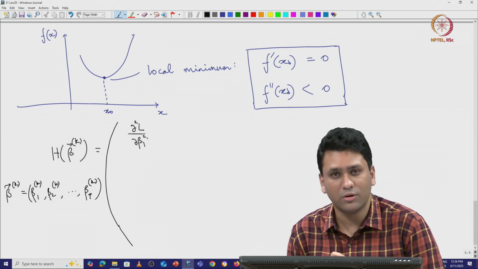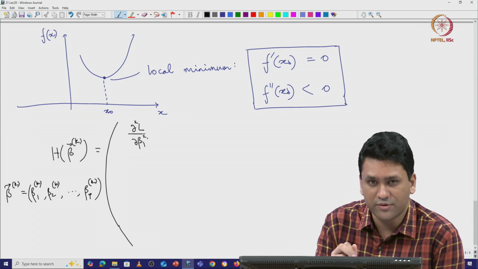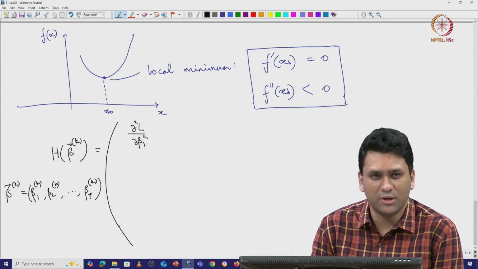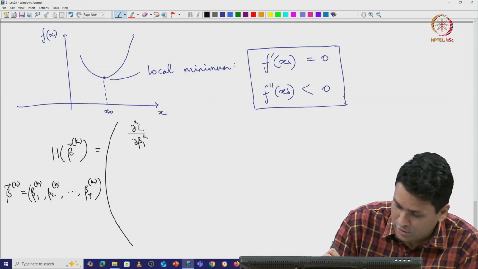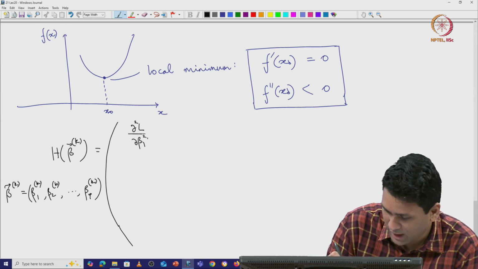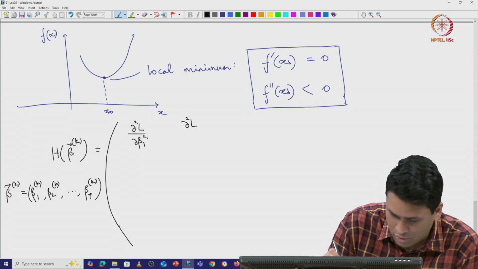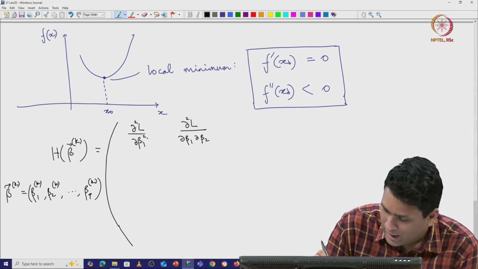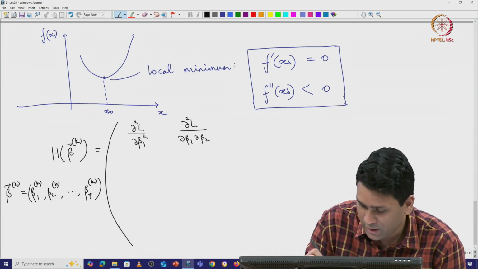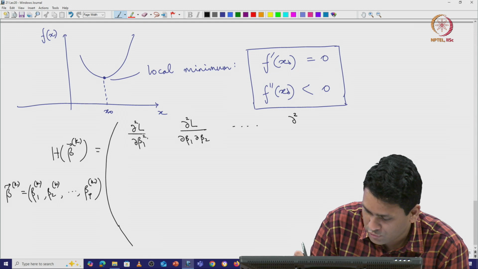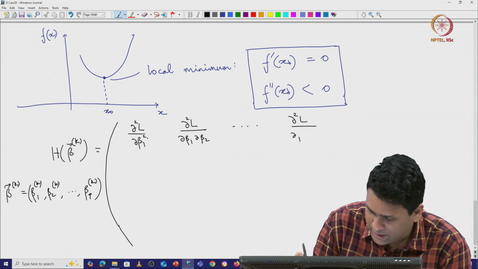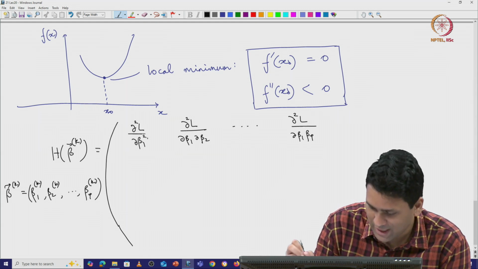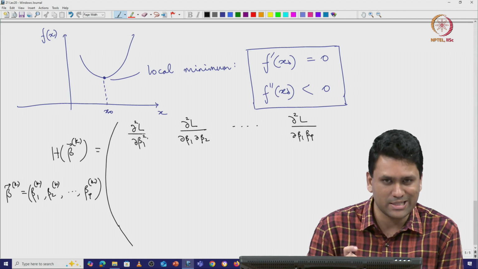I am not going to write the argument after this double derivative, but you can see how this is being done. So, that is the first entry in the first row. The second entry in the first row is del square L del beta 1 del beta 2, and then you have del square L del beta 1 del beta 3 and so on up to del square L del beta 1 del beta p. So, that is the first row of the Hessian matrix.